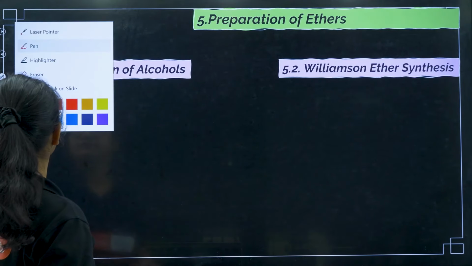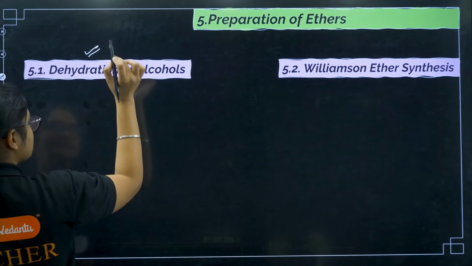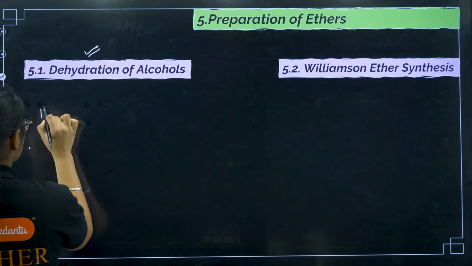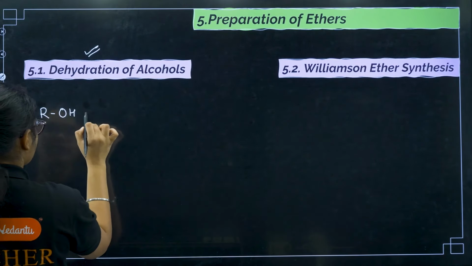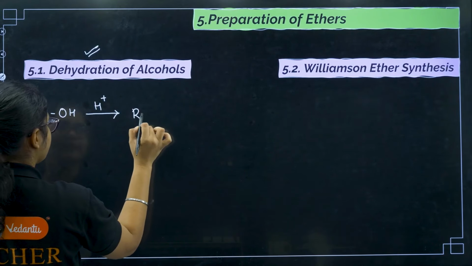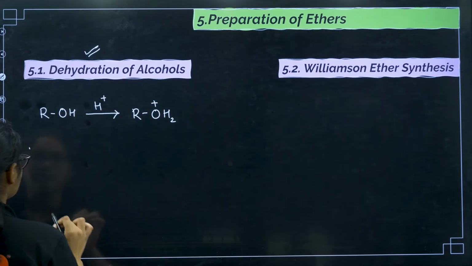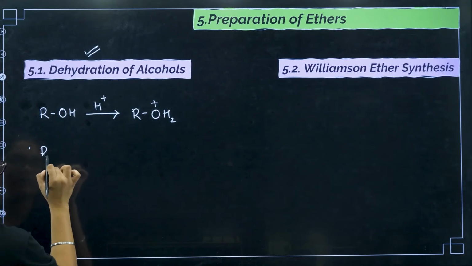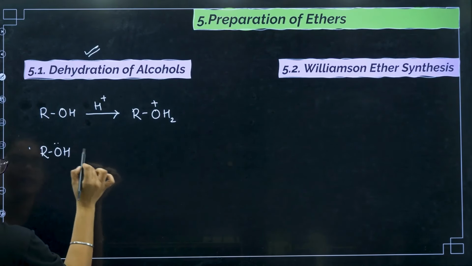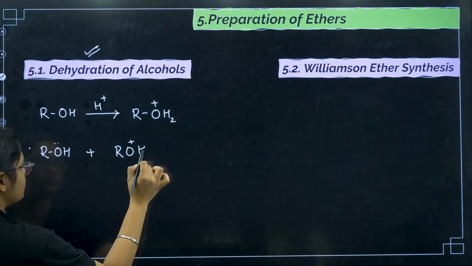Dehydration of alcohols is like this. See, this question can be asked as a mechanism question, so please understand. So first we have ROH. Okay, so here what happens, if you provide H plus, this gets protonated like this. Okay, this is your step number 1. Now step number 2, what happens, there is another alcohol if I take like this, and here I have this ROH2 plus like this.